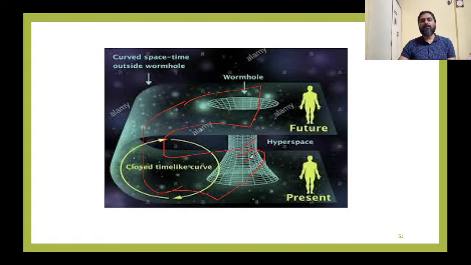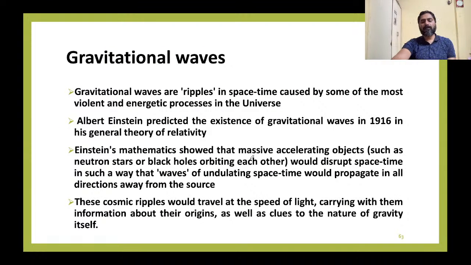All these concepts are related to your space-time matrix only. So there is bend or curvature in the space-time matrix, because of that some bridges are created, and these bridges are called wormholes, or also called Einstein-Rosen bridges. Nathan Rosen had also contributed. So these are known as Einstein-Rosen bridges.